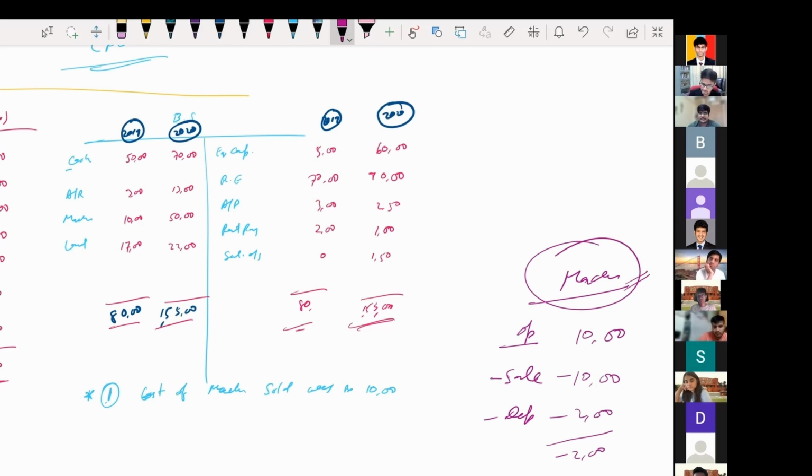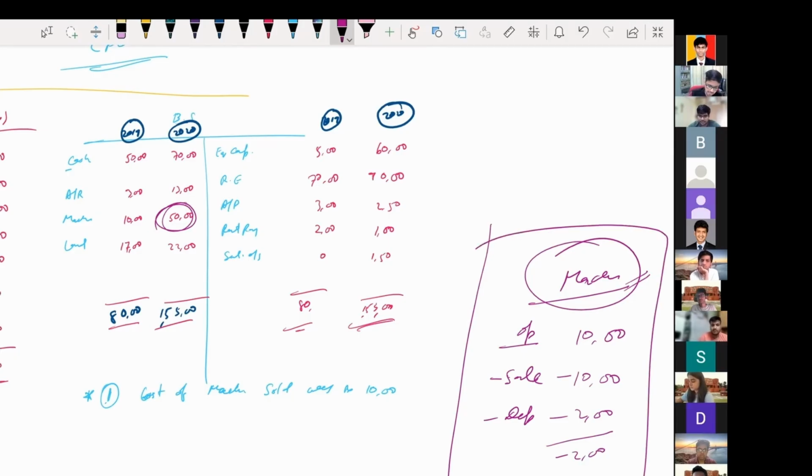Whereas what it is showing right now, let's go and check. It is showing 50. Can you guess what must have happened? We bought some machinery. Basically, why did we prepare this?